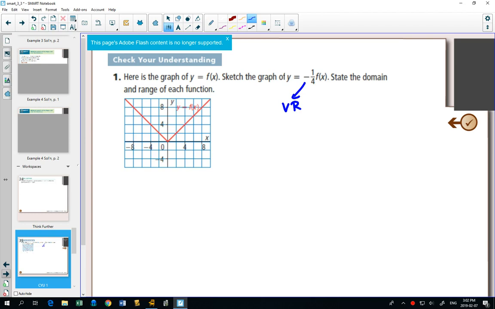Are you okay with VR? Vertical reflection. And the 1/4 is a vertical compression. That's to describe what's happening. We can combine both of those together and say we're going to multiply our y values by -1/4.